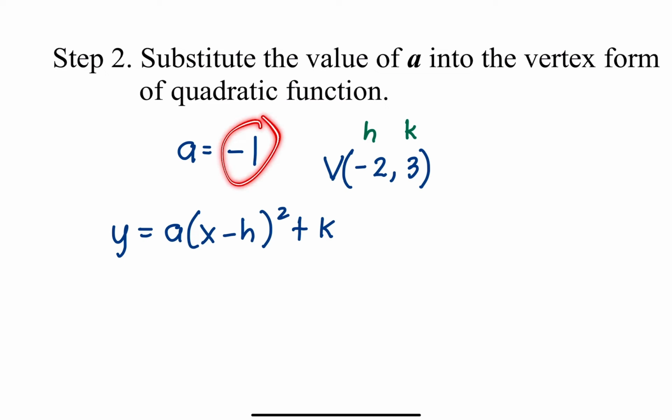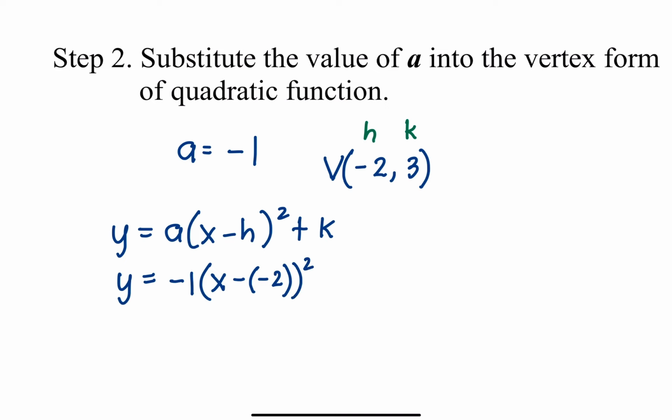Our a is -1, so it will become y = -1 times, and here, class, I'm just going to write x. What is our h? Negative 2. So I'm going to write here -2. So we have x minus -2, squared.